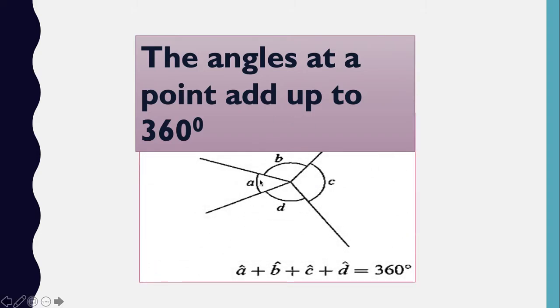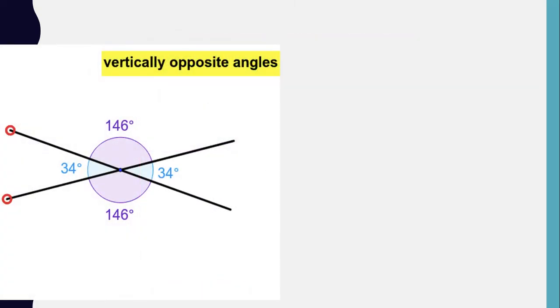Here I have given four angles: angle A, angle B, angle C, and angle D. When you add angle A plus angle B plus angle C plus angle D, the total will be 360 degrees. It can be any number of angles, but the sum will always be 360 degrees. Angles at a point add up to 360 degrees. So you have to learn all this, and it will be easy for you.